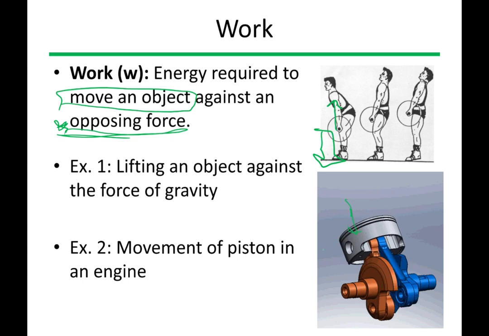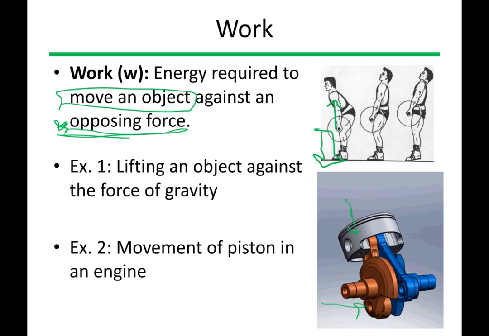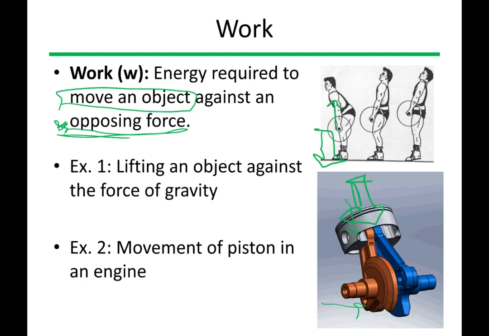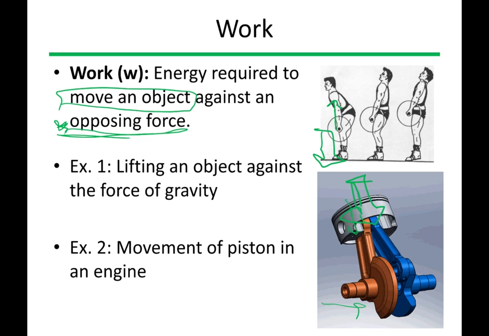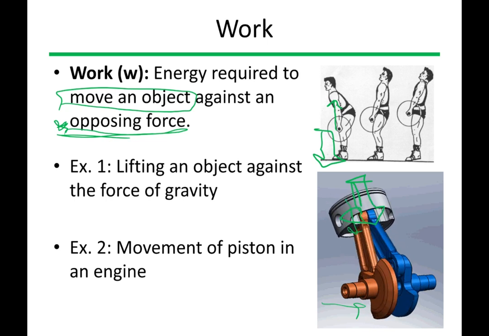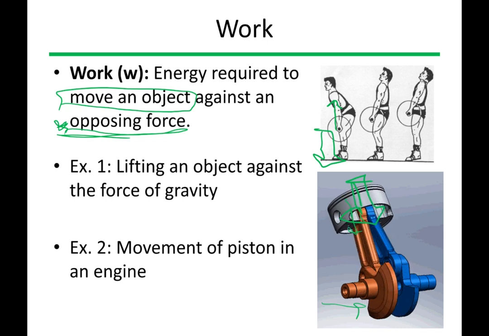But if these are moving, this car, this is also fighting against the force of friction. And if there's some pressure here, that's also trying to push the piston in the opposite direction. This is moving against the force from pressure as well. So work can be against several combined forces, but the main point is that it has a specific direction and isn't just random motion like heat transfer.